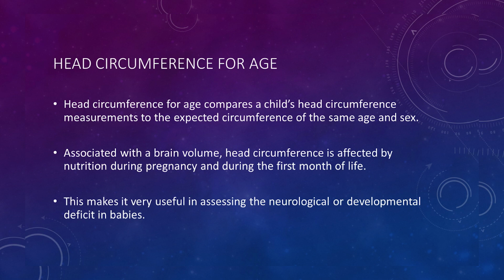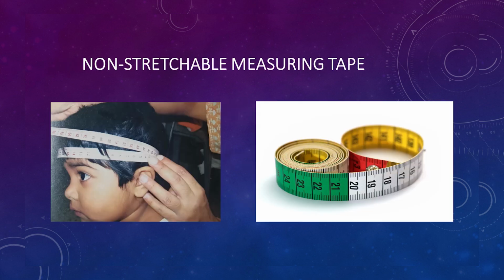So, this makes it very useful in assessing the neurological and developmental deficit in babies. As we have already studied about microcephaly and macrocephaly, we have seen the causes of micro and macrocephaly. So, diagnosis of microcephaly and macrocephaly can be done by this head circumference measurement.